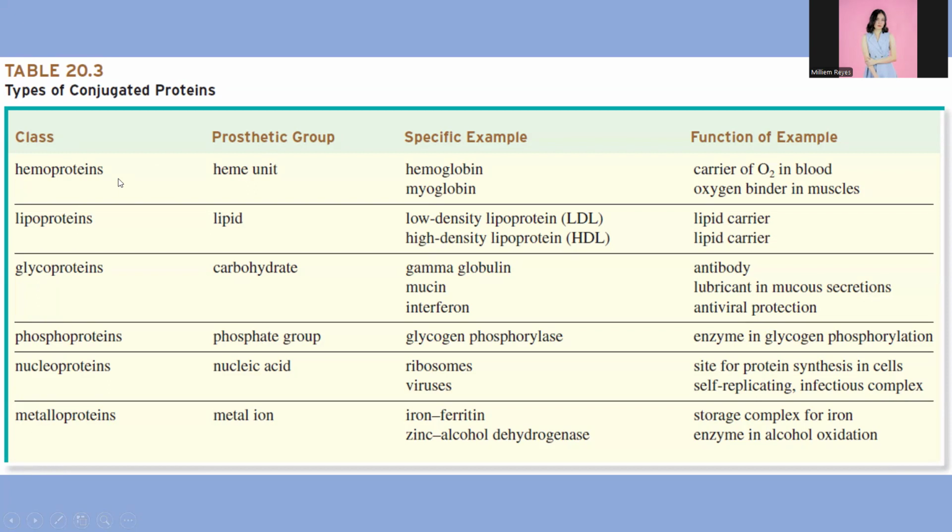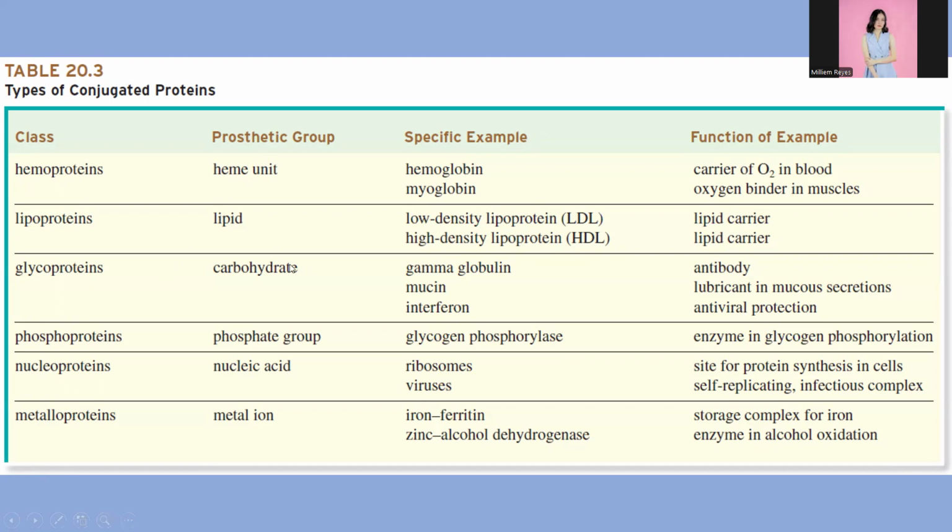So hemoproteins will have your amino acid apoprotein group, and the prosthetic group is the heme unit. Lipoproteins, the prosthetic group is lipid. So for example, yung low density lipoprotein, high density lipoprotein or HDL. These ones you will see, diba, in the lipid profile, kasama ng total cholesterol. We also have glycoproteins, as I said, that you will find on the cell membrane.